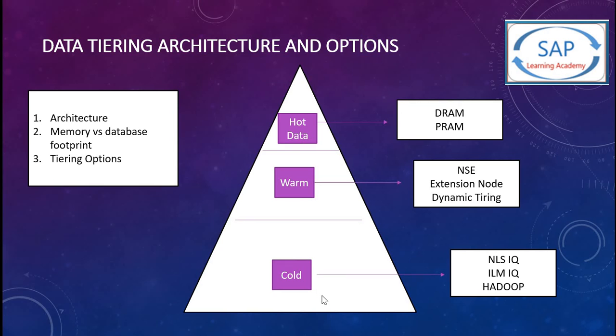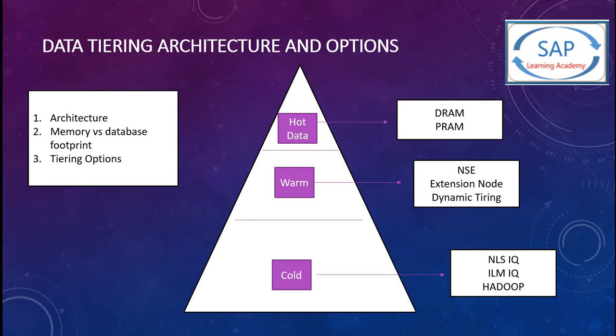And the last one is the cold. This database footprint comes with the cold storage, meaning that cold storage is always a separate physical storage. It is not within SAP HANA. It is a different set of database, so it can be Hadoop, it can be NLS IQ.